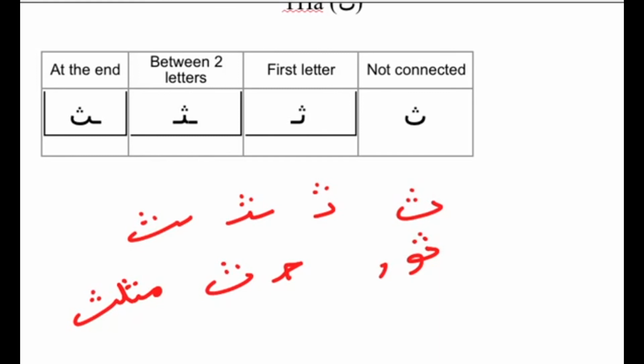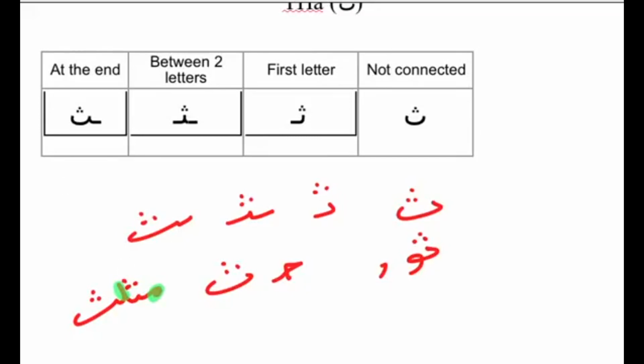This is the letter Meem, and then this letter is L, and the one in red is the Tha. So Tha in the middle and Tha at the end. You see how it looks? Muthallath means a triangle, a shape.